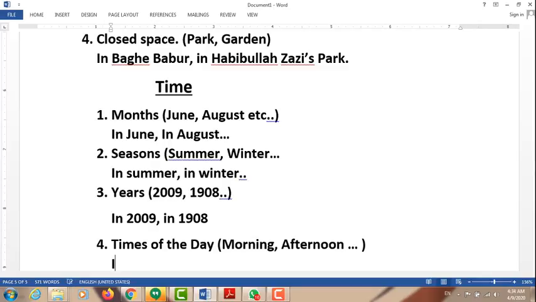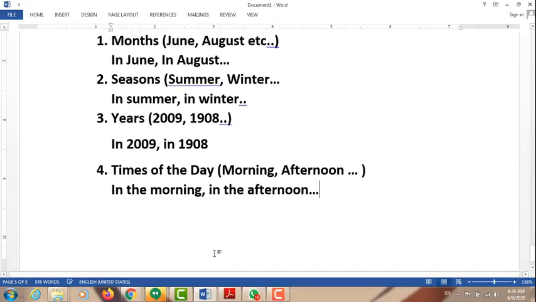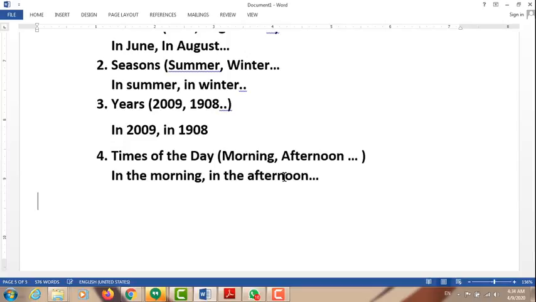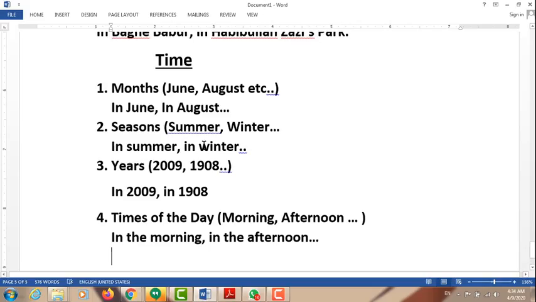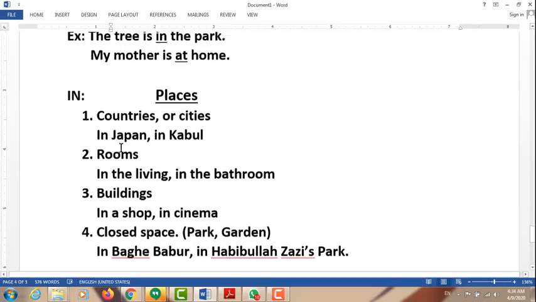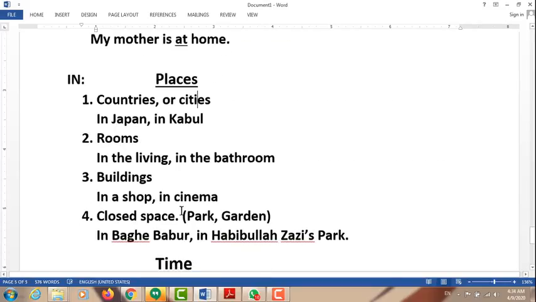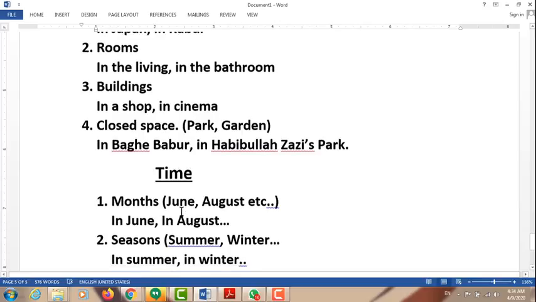For example, in the morning, in the afternoon, in the evening. And then you have number 5. So this "in" is used for what? For places and for time.